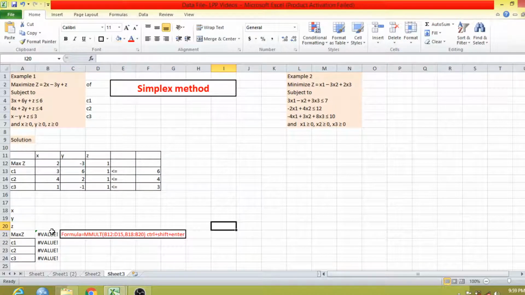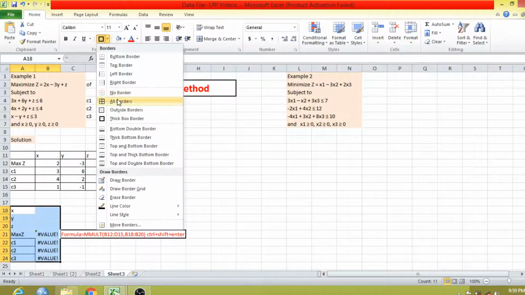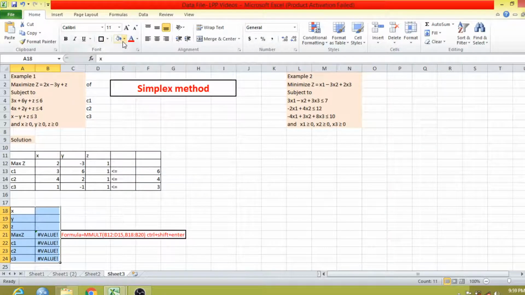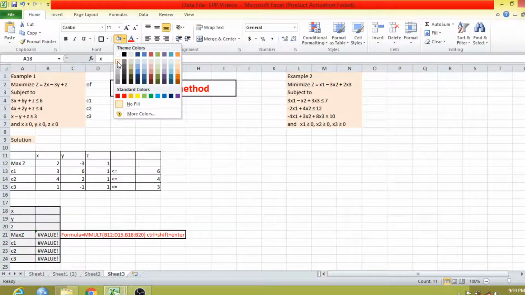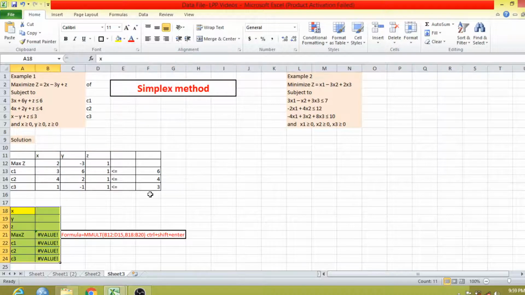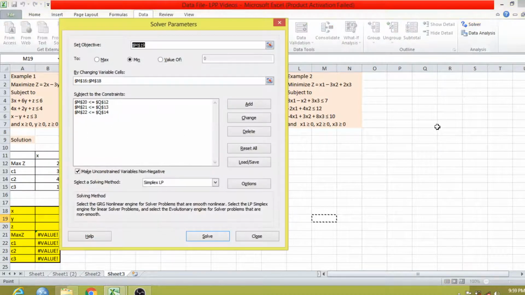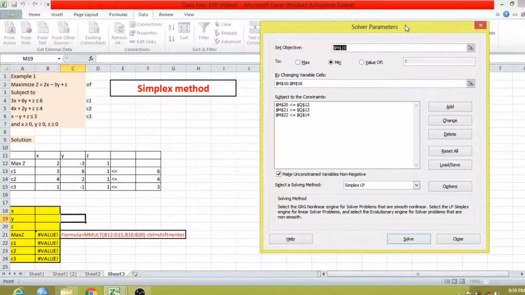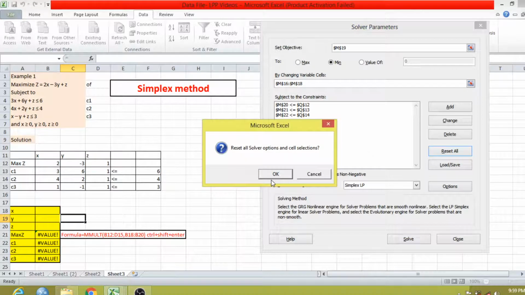Now I will go to select the Data tab, then Solver. Now some parameters have been filled up here, so I will reset all.